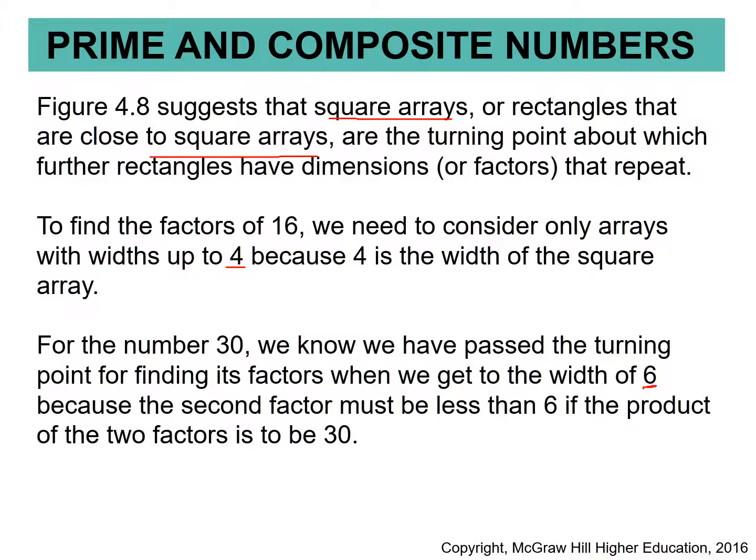So what I have to do is check for the factors that are 6 or less, because once I get past that, I don't have to check anymore. Going to 36 would give me enough room to check for all the prime factors.